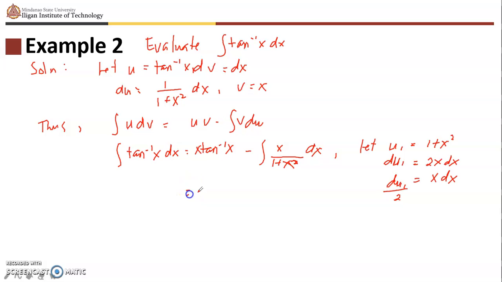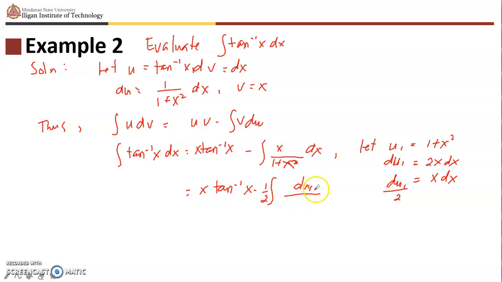So that means to say, we'll have now x tangent inverse of x minus integral of, so our x dx is du sub 1 over 2, and you can put down your 1/2 here outside, so it will be easier to integrate.